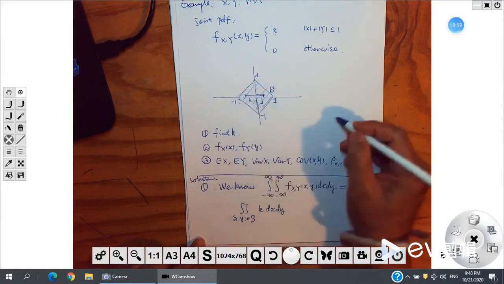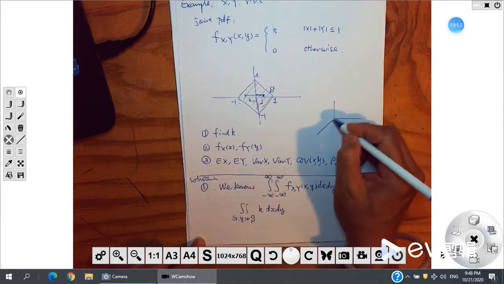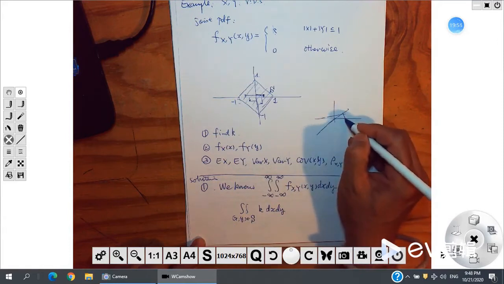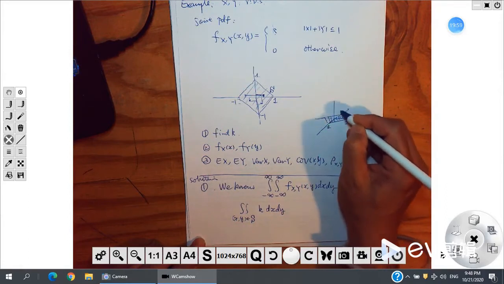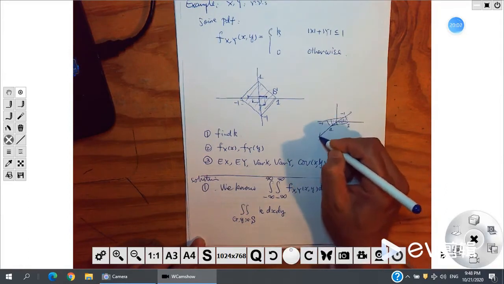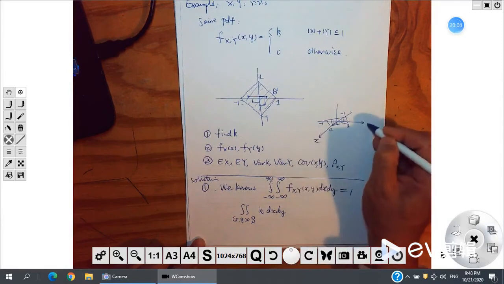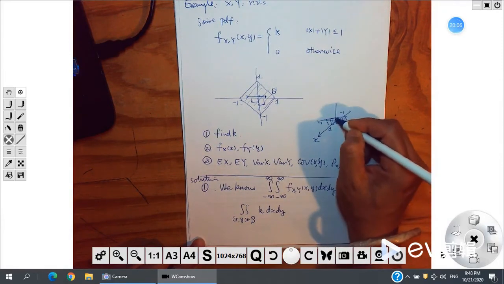Here's S, with 1, 1, negative 1, negative 1, this is X, this is Y, and we do the integral with some constant k here.